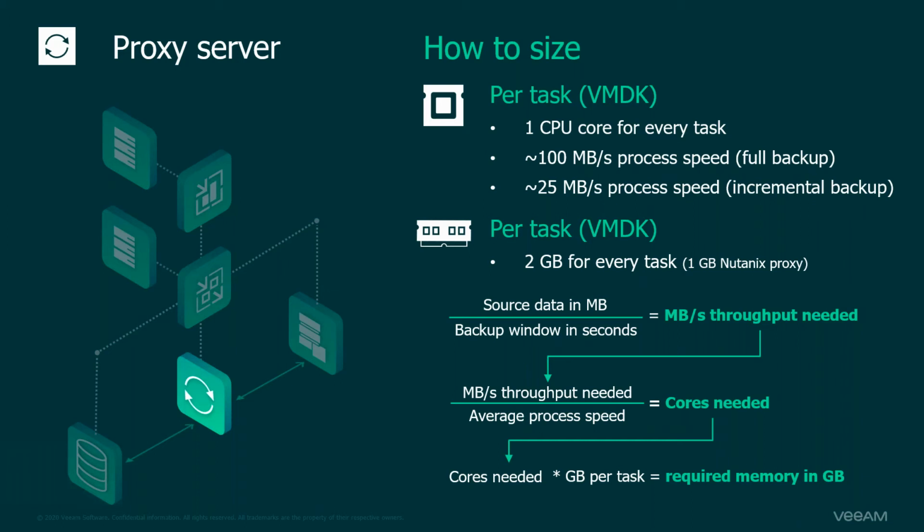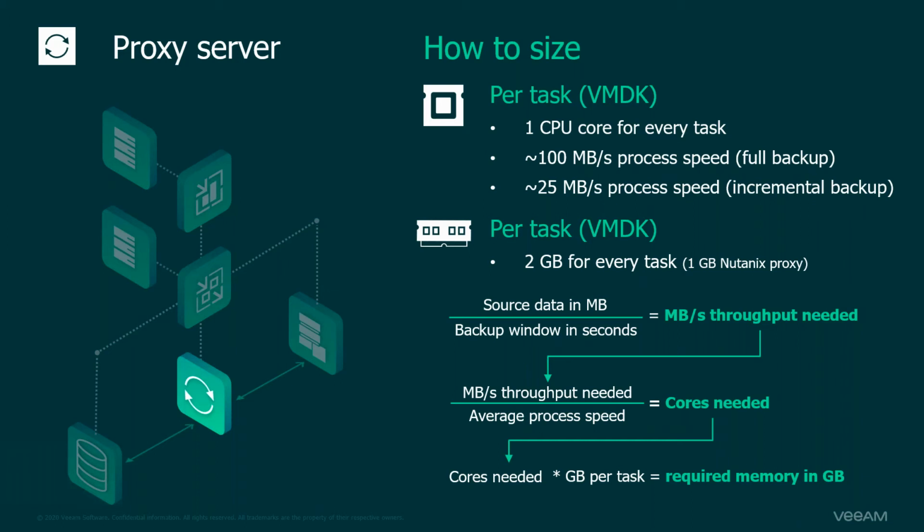Obviously, the full is going to see a greater throughput because it's more of a serial read. We're doing a sequential read of that data, or a sequential write basically down to disk. Whereas in an incremental process, we're going to be looking for blocks here and there, so that rate is going to be a little bit lower.